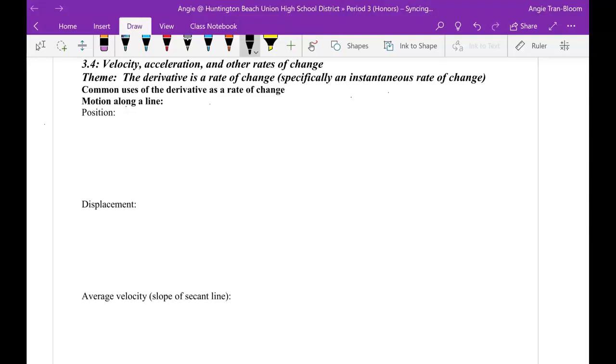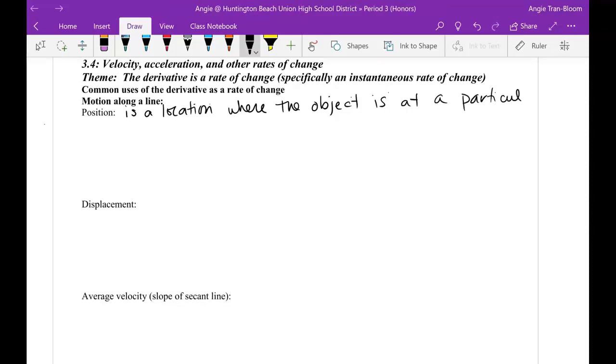Our first vocab is position. Position is a location where the object is at a particular time, and let's use T for time.